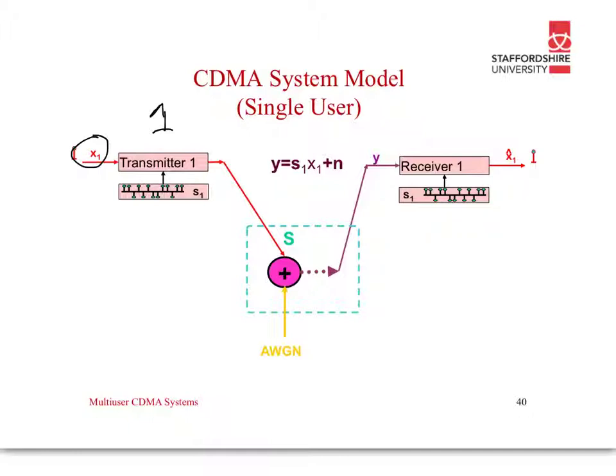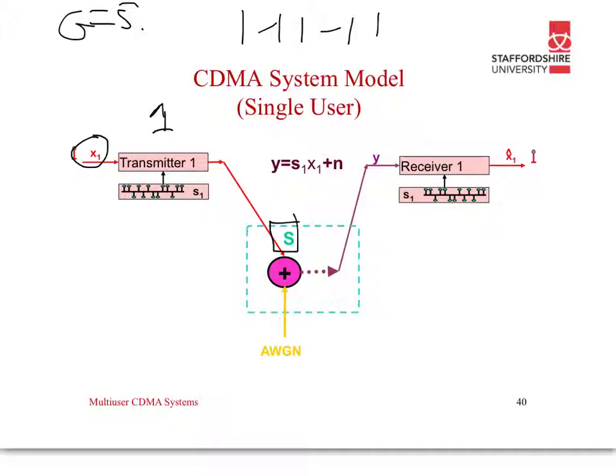So here we multiply our signal, so rather than having just a 1, let's say the spreading gain is 5, for instance, we would have 1, minus 1, 1, minus 1, 1. So we'd be transmitting 5 bits rather than the single bit that we had. Then we pass this to the channel, and we would add some noise.